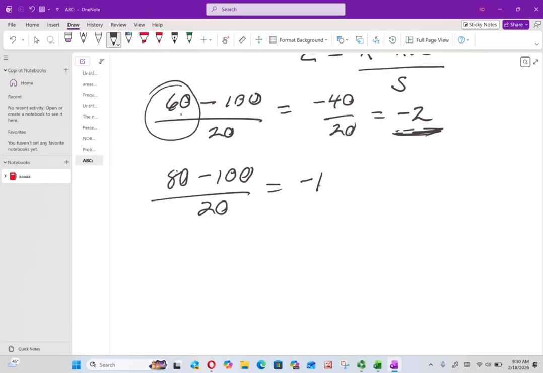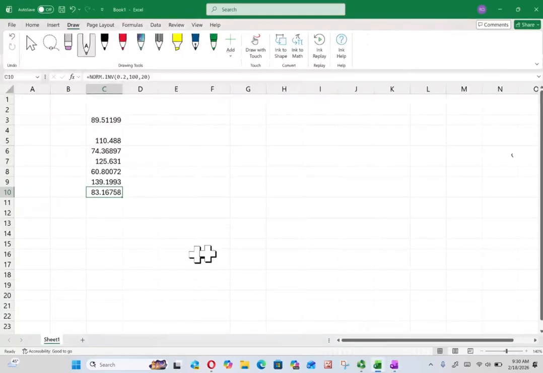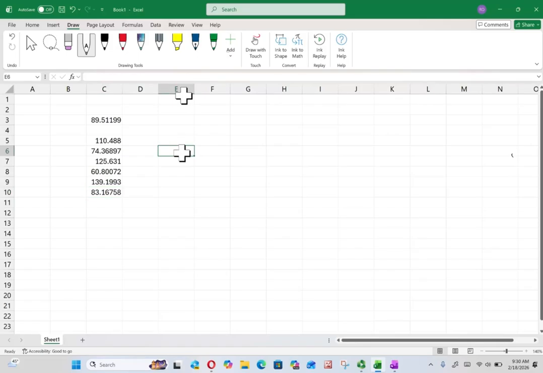How many standard deviations? I look it up in the standard normal table, and then I can convert it back, so that anything I do with the standard normal, I can do with the normal distribution function, NORM.DIST, because it adjusts for the mean and standard deviation.